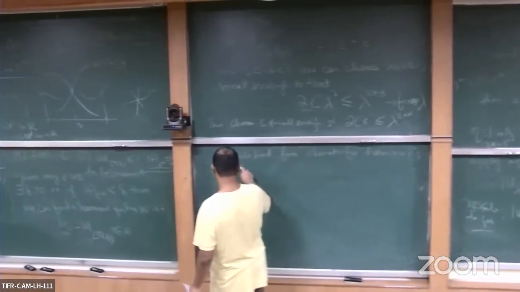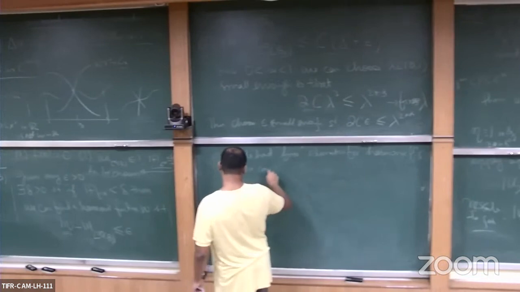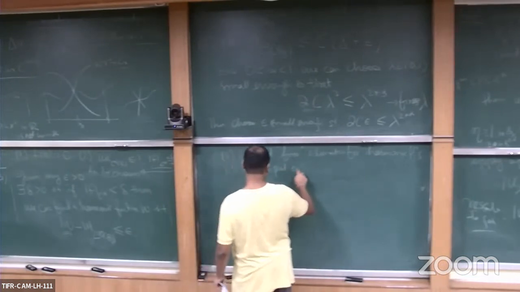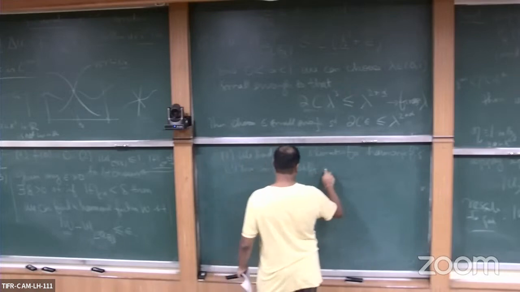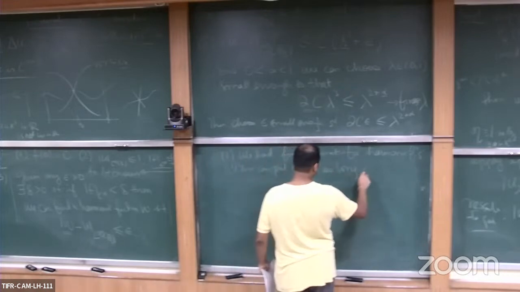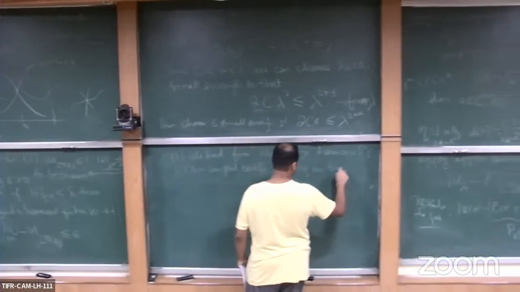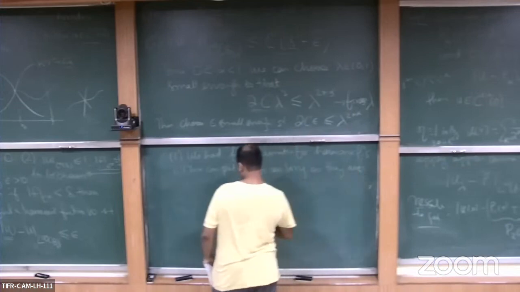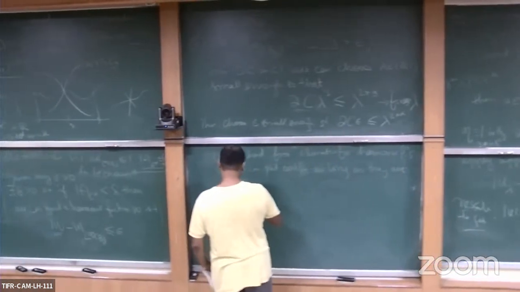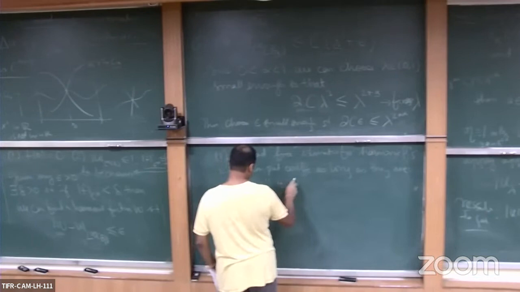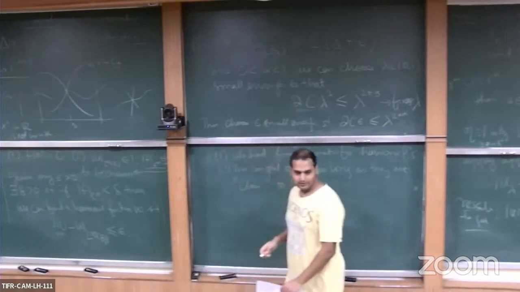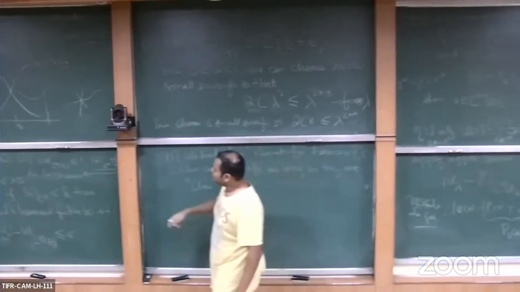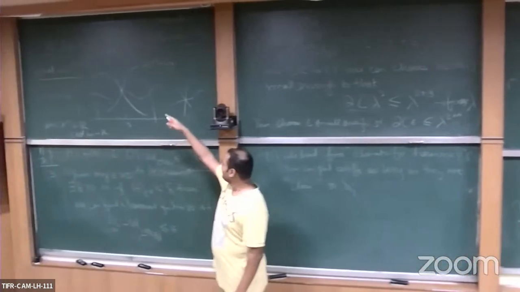Next, you can put coefficients, as long as they are close. Delta ij is the identity, right? Here my operator is just the Laplacian, and I was perturbing with f.